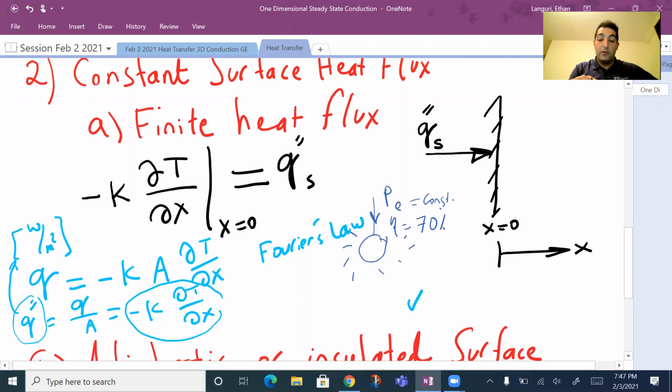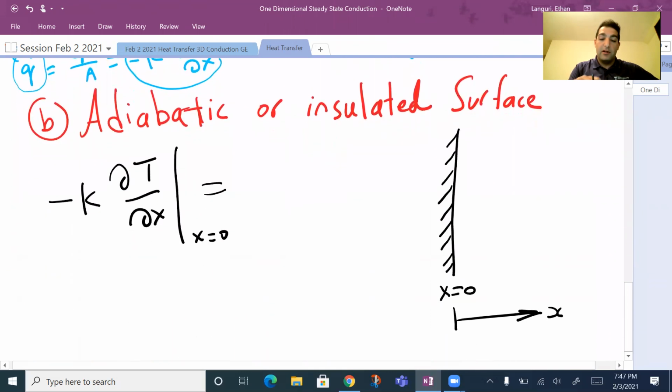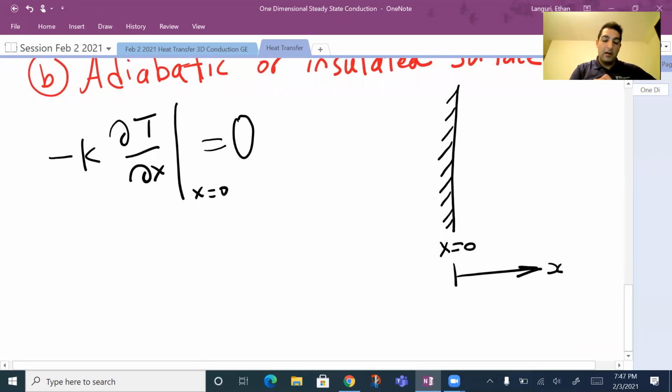It was equal to Q double prime S. But in the case that it is insulated, ideally heat cannot go through. That should be equal to 0. Again, another term for this would be adiabatic boundary condition. Again, you can use the same Fourier's law to derive this boundary condition, that at this location, Q double prime S going through the wall is 0 because it's adiabatic.